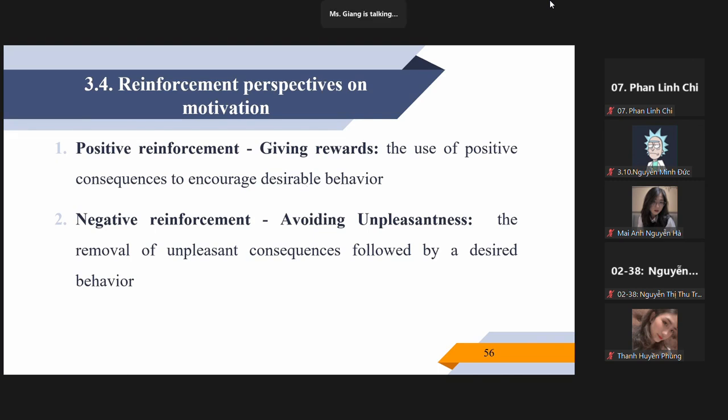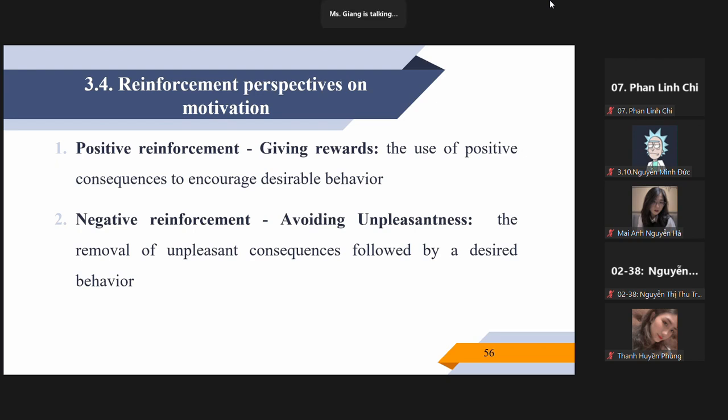For example, if an employee sees that he will receive rewards if he behaves properly in the workplace, he will have more motivation to repeat that behavior in the future. It is positive reinforcement. In short, positive reinforcement means giving rewards to employees to encourage positive behavior.